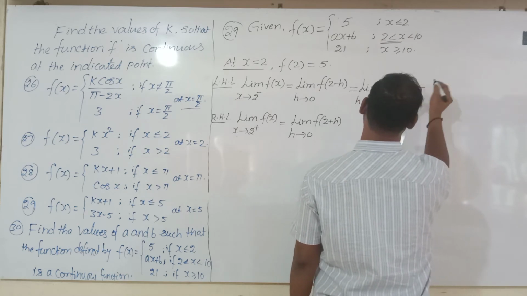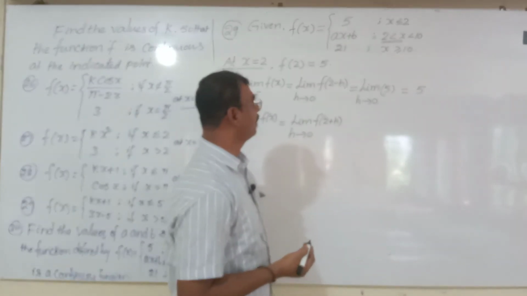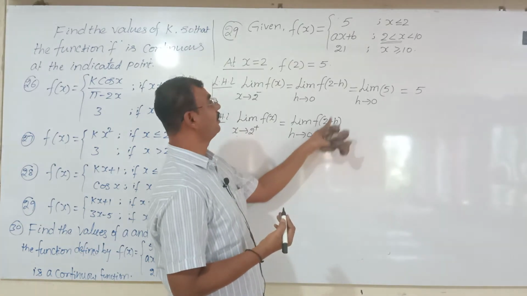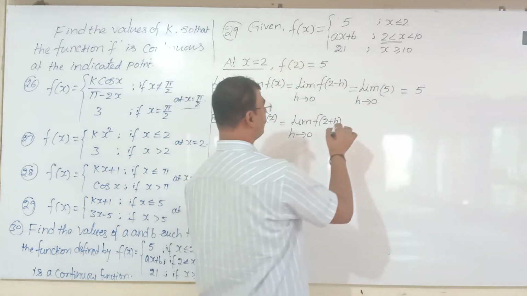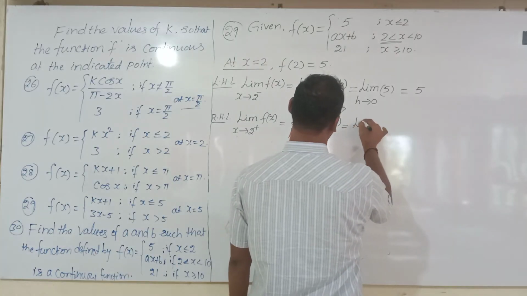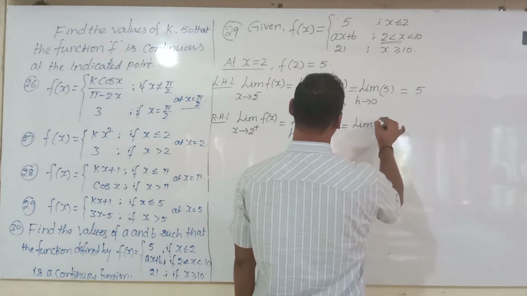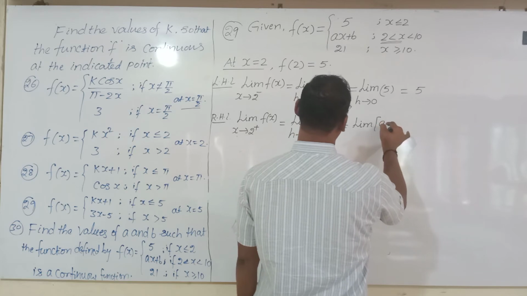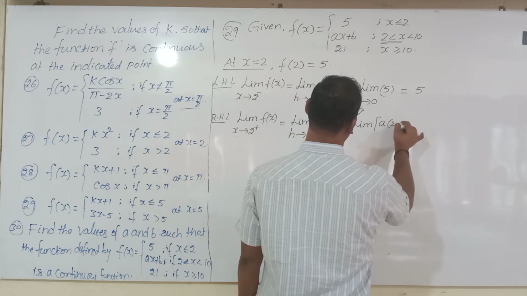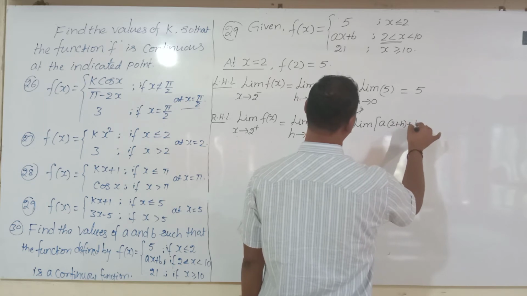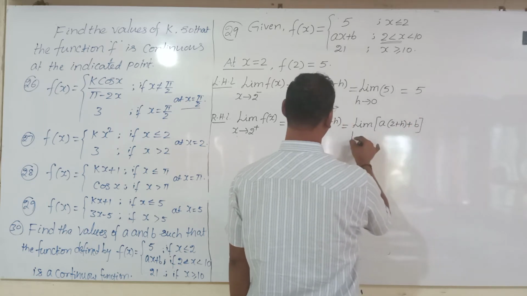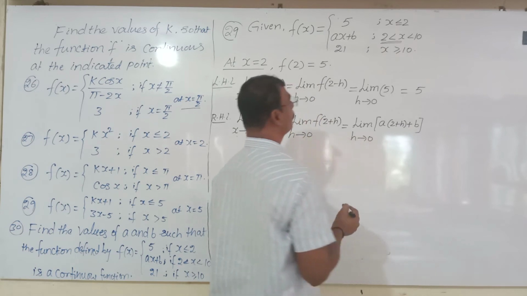Limit of a constant is constant. Here, when x is more than 2, the function is ax plus b. Substitute here: limit of a bracket 2 plus h plus b as h tends to 0.